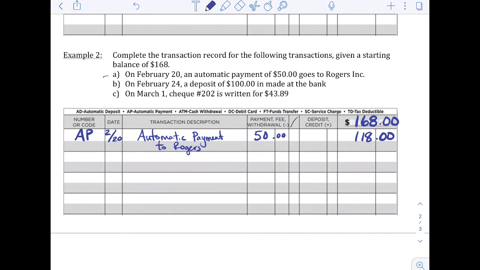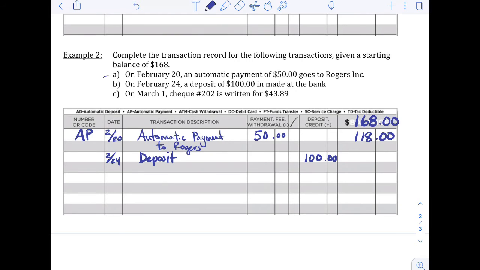Next, on February 24th, a deposit of $100 is made at the bank. So that means we went to the bank and we gave them $100 to put in our account, or maybe we cashed a check, but a deposit. And that's on February 24th. So it just says deposit, doesn't say how it was deposited, but that's $100.